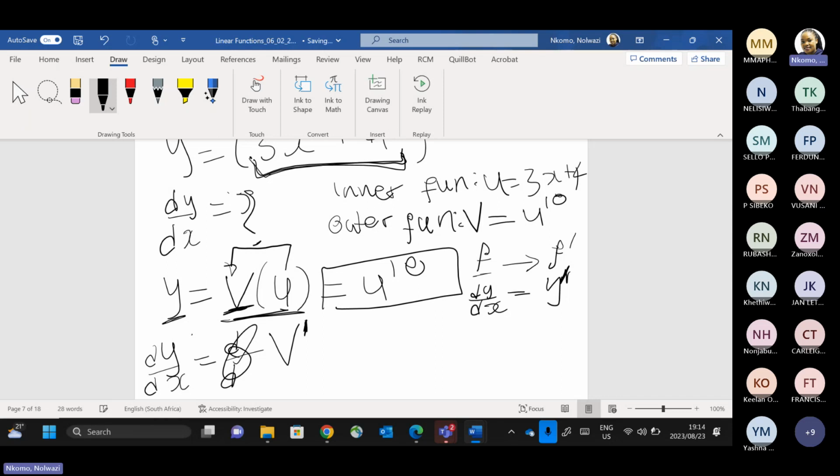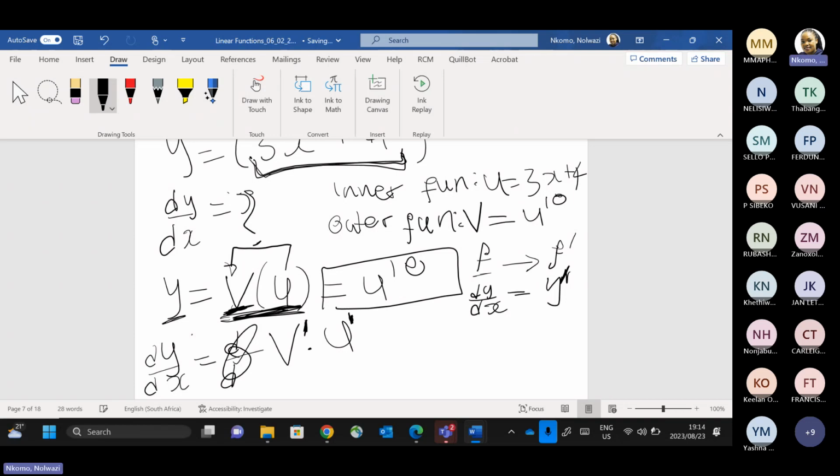The chain rule says the derivative would be the derivative of the outer function times the derivative of the inner function.